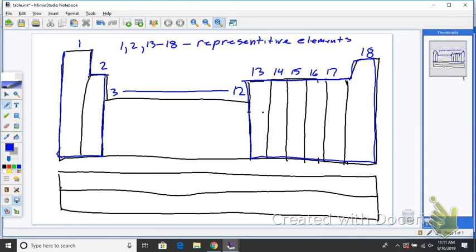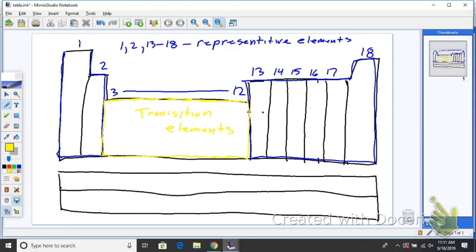So now, what's not included in that area would be this middle section. Okay? And that middle section is known as the transition elements. They transition from the representative elements.